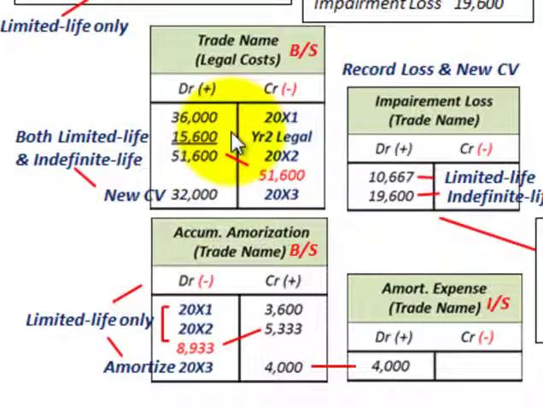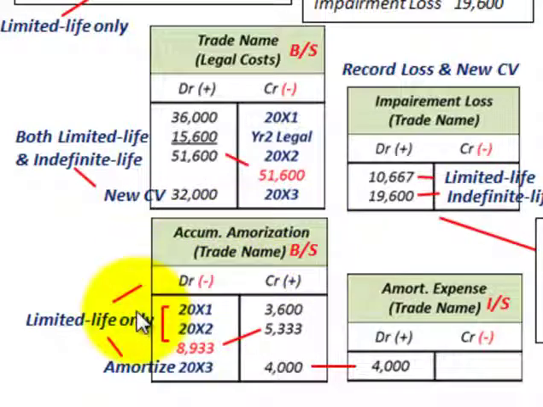But now let's look at how we would have closed this out on our balance sheet. We would have taken the $51,600 debit amount and credited it out for $51,600. And before we go on and record our loss, we'll look at our accumulated amortization.